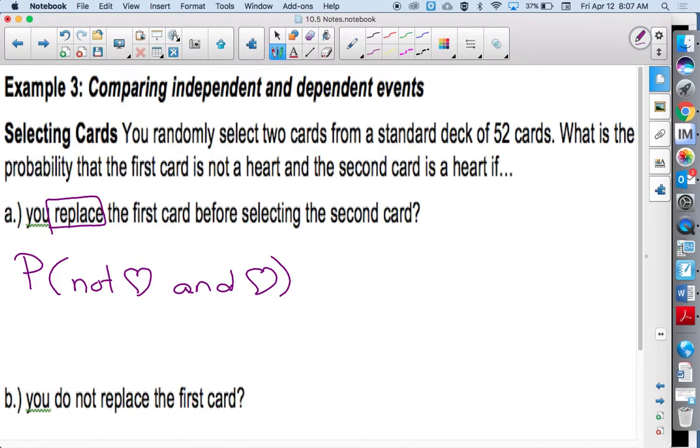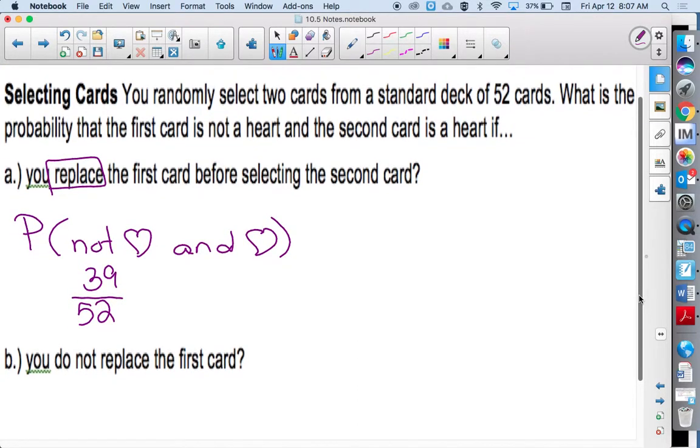So thinking to a deck of cards. What's the probability that you would not get a heart? How many cards are not hearts? Odette, how many cards are not hearts? Use 39, not 49. So 39 out of 52 cards, because 13 cards are hearts, 13 cards are diamonds, 13 cards are spades, 13 cards are clubs. 13 of each of them.